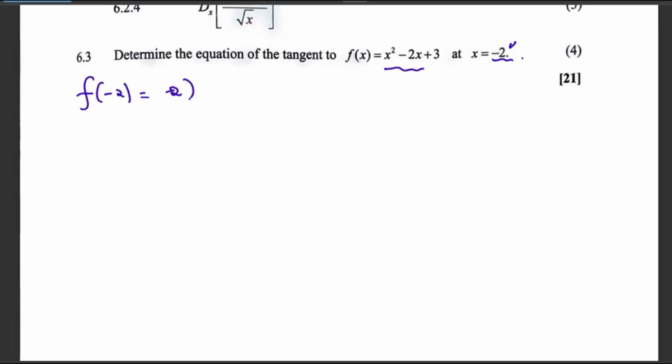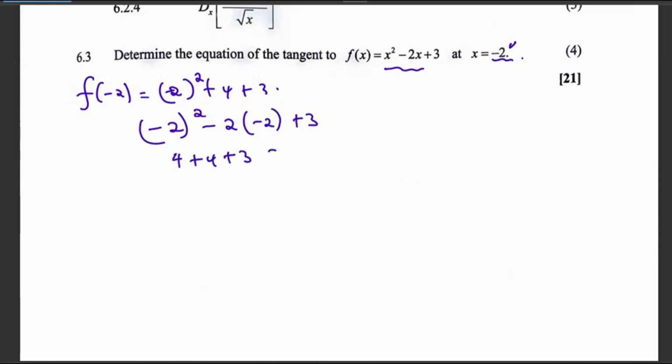So it's negative 2 squared plus, it's going to be a 4 plus a 3. Meaning we have a 4 plus a 4 plus a 3, which gives us 11. So we have a point negative 2 and 11.